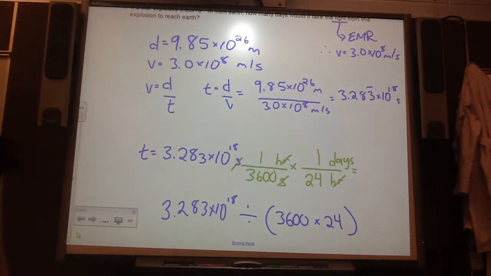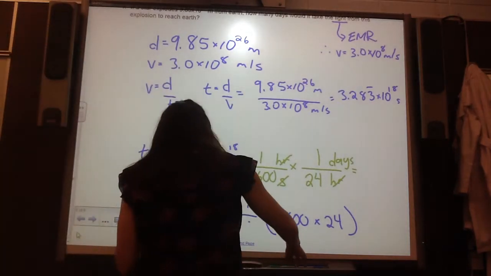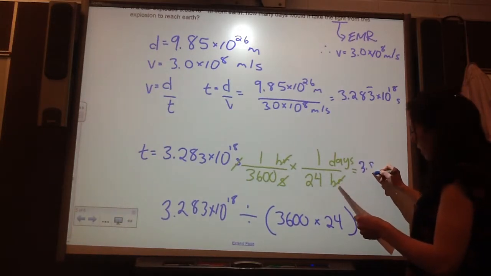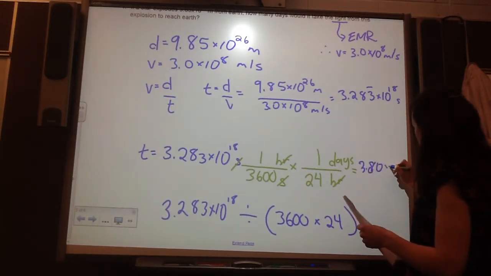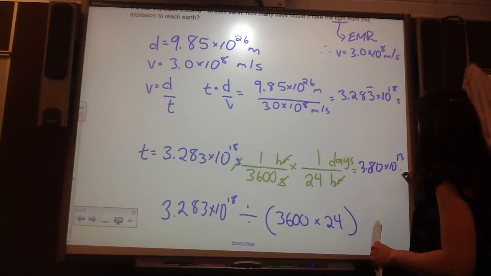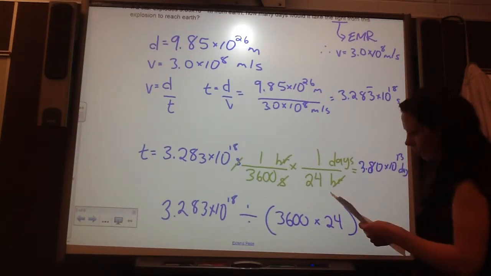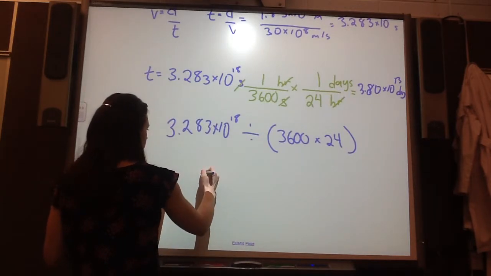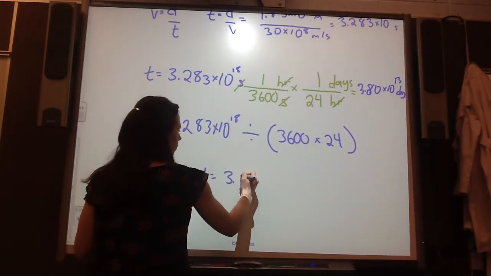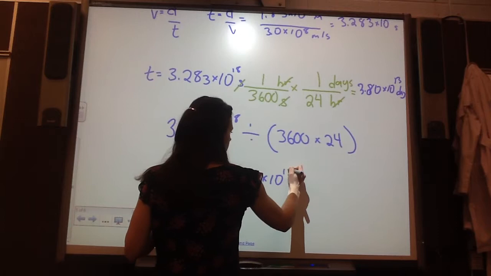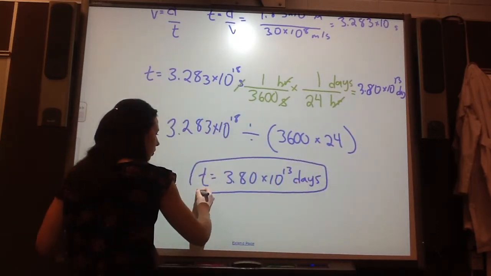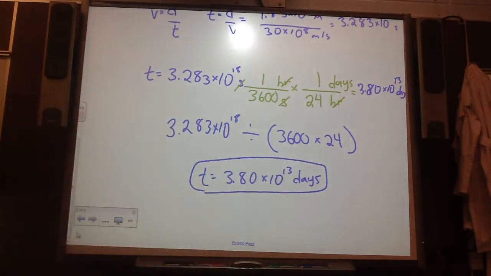Okay, either one, you should get the same answer. So we get 3.80 times 10 to the 13 days. And make sure you're writing out your units as you do it, just so that you keep everything organized.